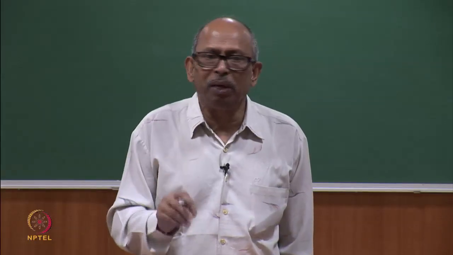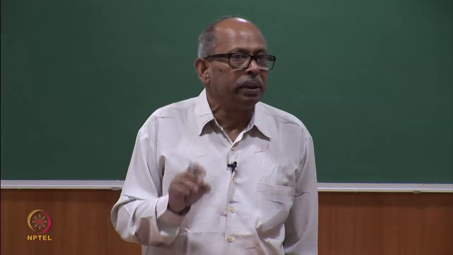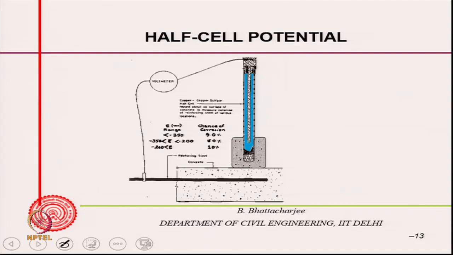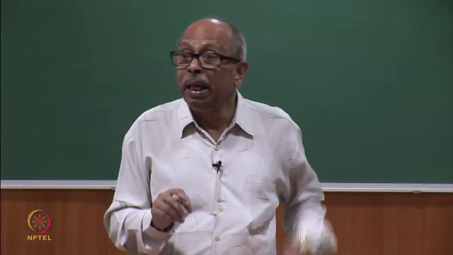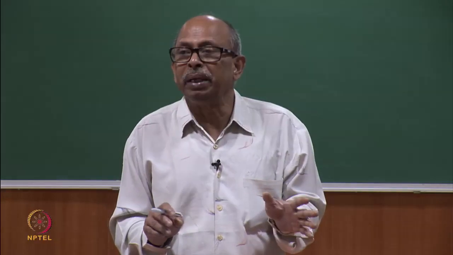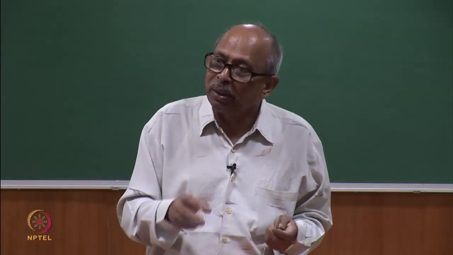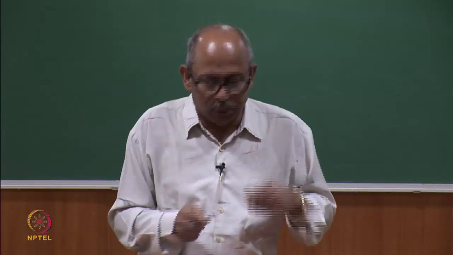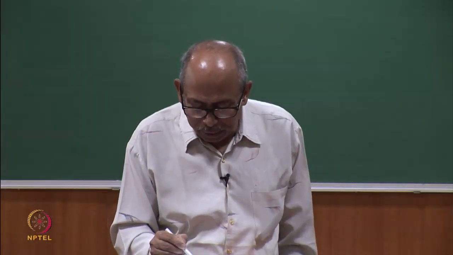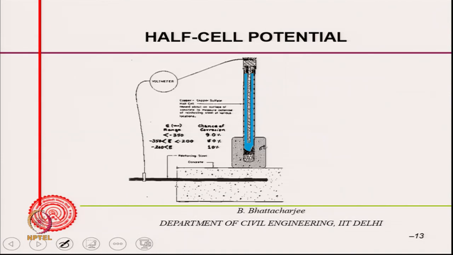So, you dissolve copper sulphate in distilled water, saturated, and the copper rod is here, and you can see that there are crystals of copper sulphate. They should be there, ensuring that it is saturated. So, you should have sufficient copper sulphate, and you should be able to see that, so that you ensure that it is saturated, right. And this is a sponge in order to make contact with the concrete.